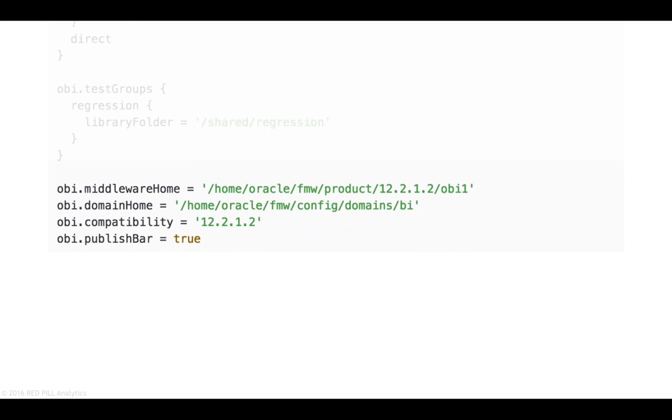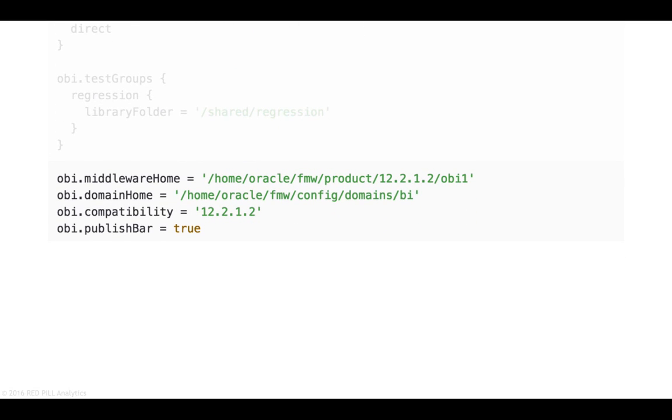And finally, we just need to tell Checkmate a little bit about our OBI environment. So we need to tell it where the middleware home is. For 12c specifically, we need to tell it where the domain home is. We have a compatibility flag, so Checkmate is able to work in 11.1.1.7, 11.1.1.9, and all the different versions of 12. And the APIs that exist in OBI that Checkmate interfaces with change throughout all those different versions.